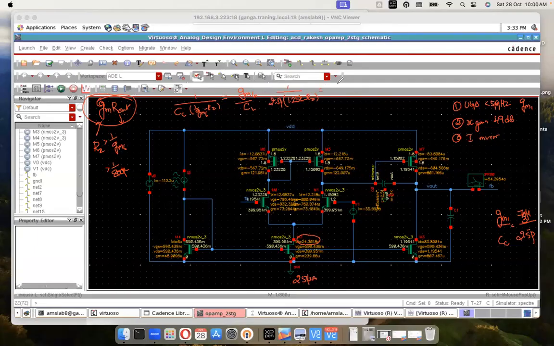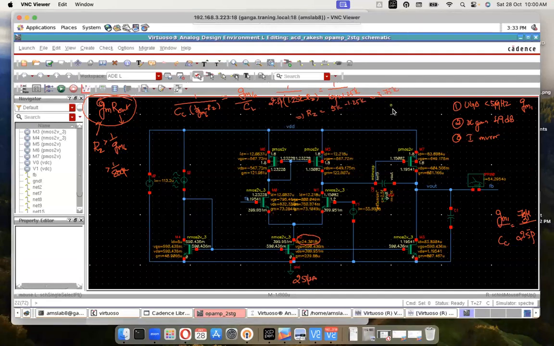GM6 is 1 by 10 pico into 1.25 K. If you simplify this, what value of RZ do you get? 10 pico into 1.25 is 1.5 K minus 1.25 K. So it's 3.75 K, the value. Let's put it and then see.